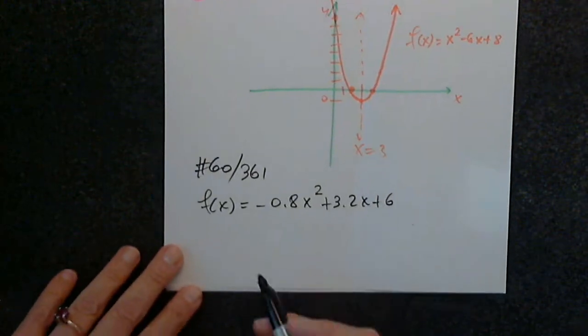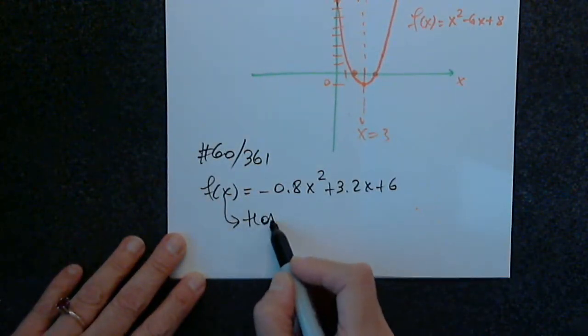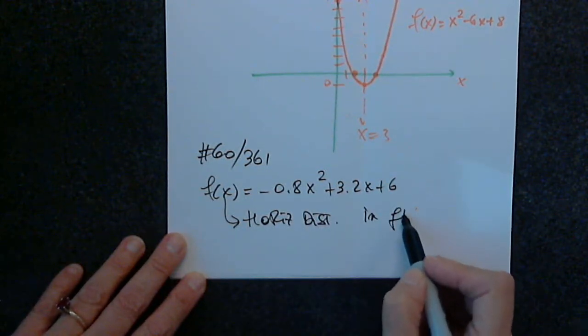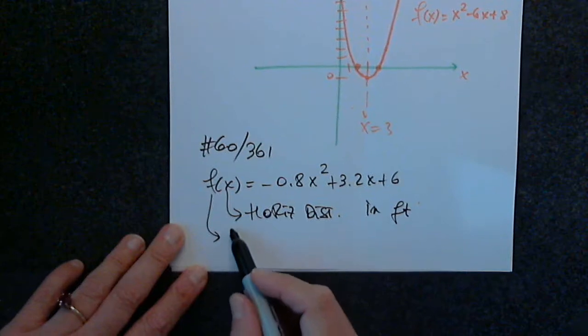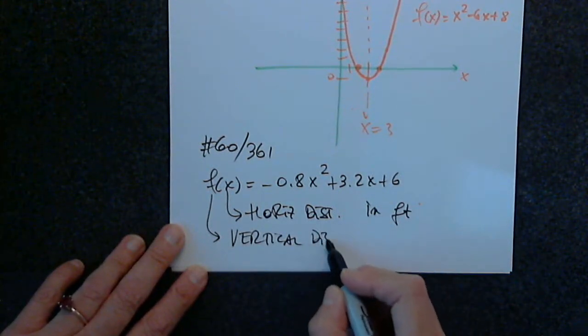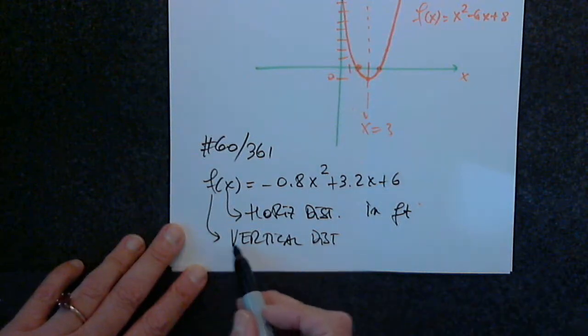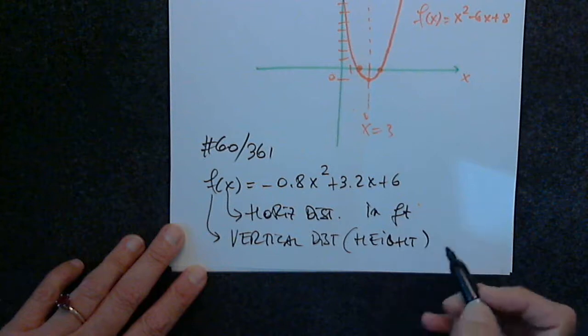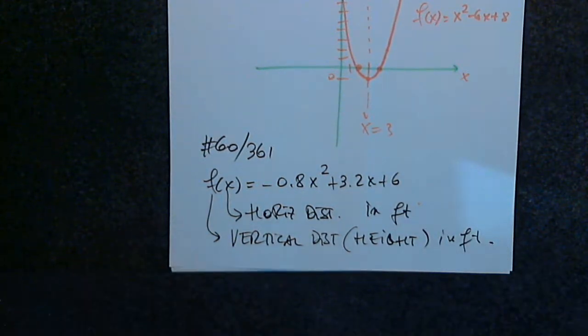Everything is measured in feet, so this is horizontal distance in feet, and this is vertical distance. I should say height. I should not write vertical distance, but you know what I mean, height, of course in feet.